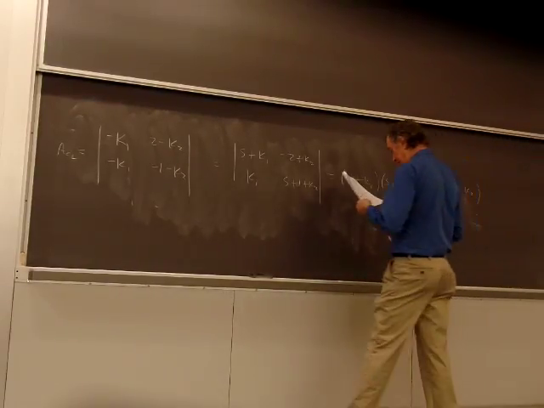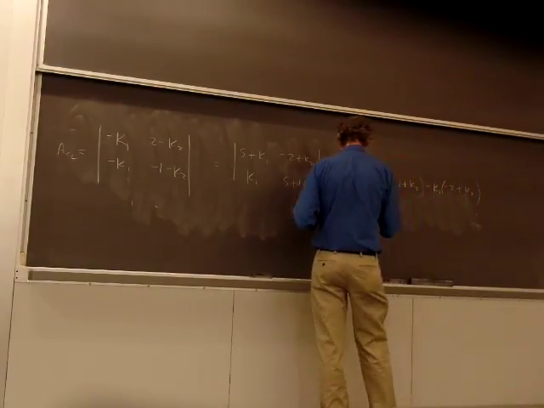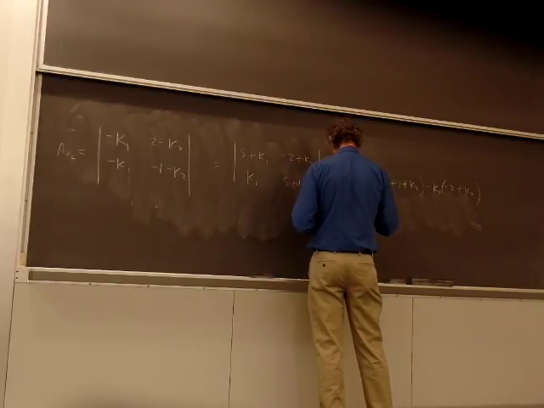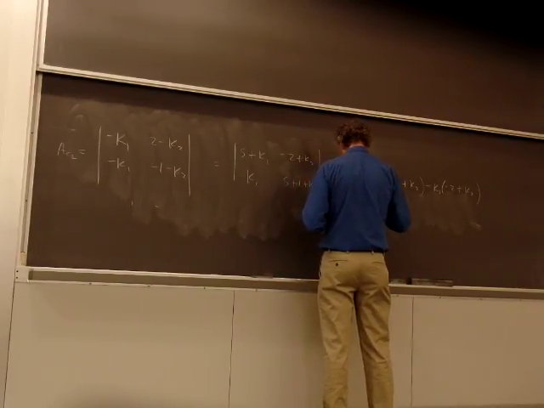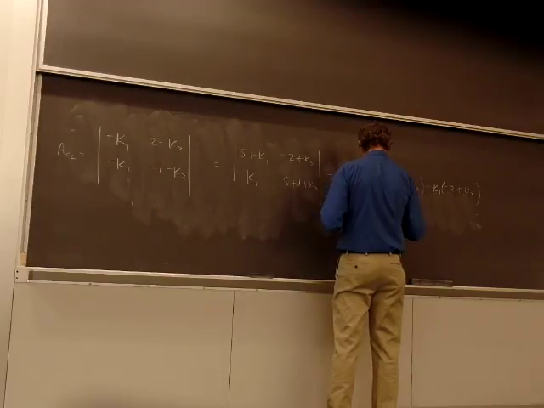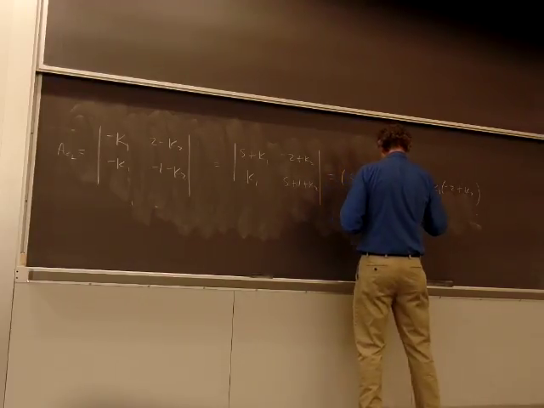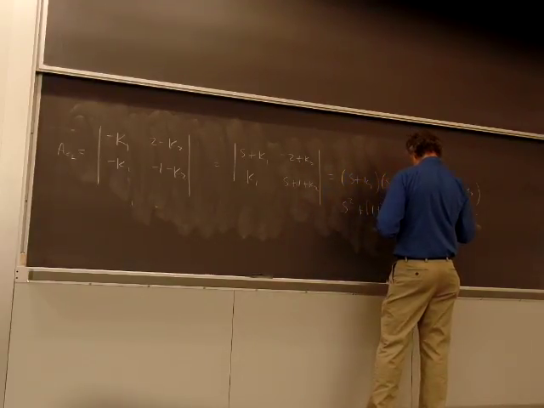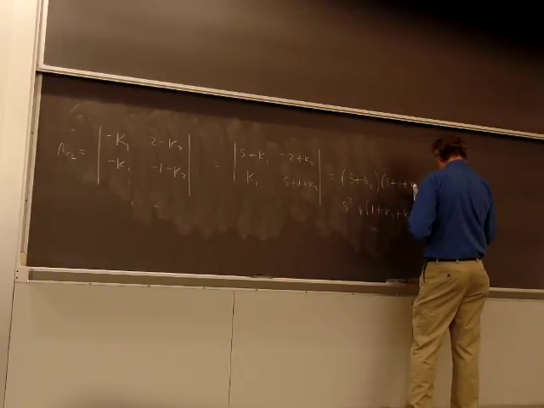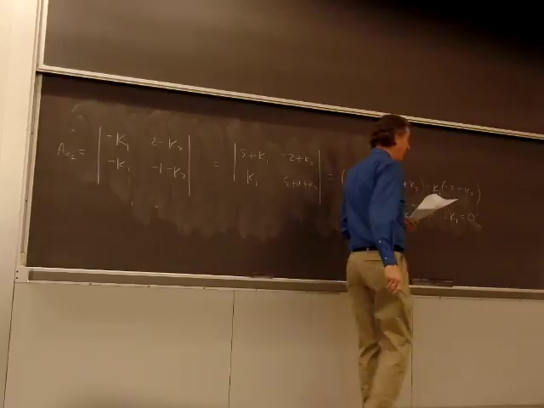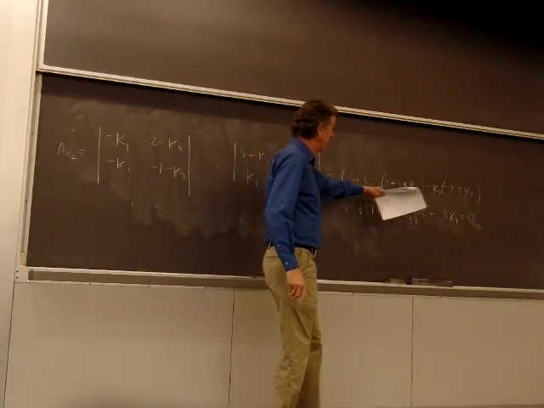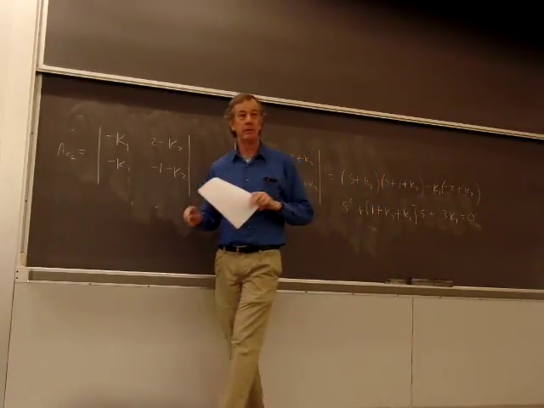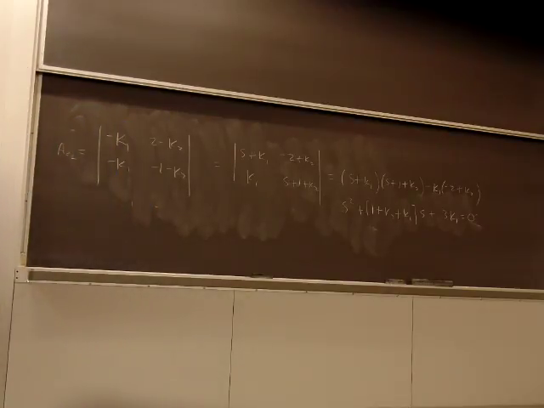Be careful on it. The K1 times K2 terms cancel out if you get your signs right. If you didn't have your signs right, they didn't cancel out.